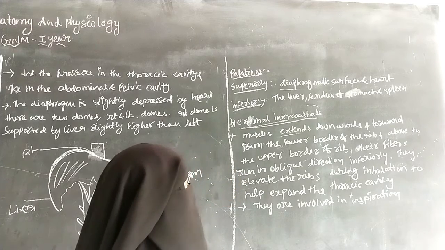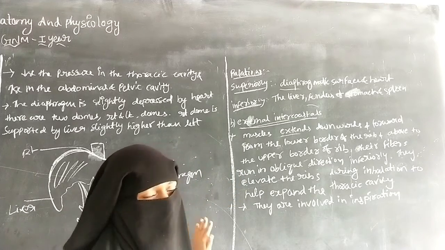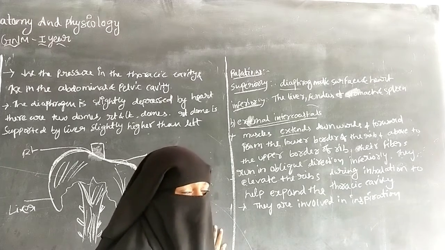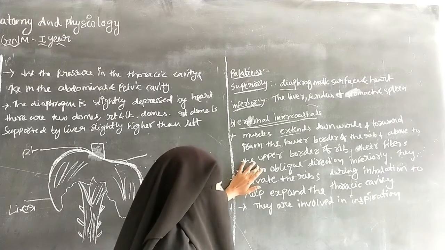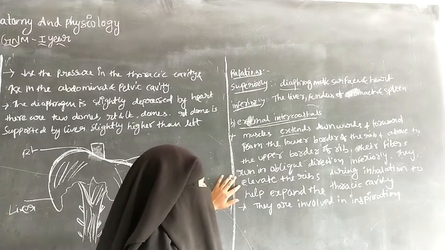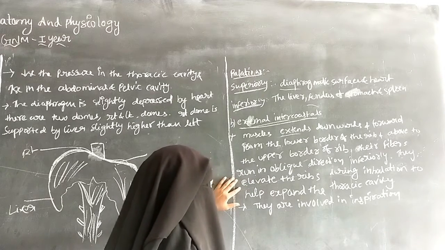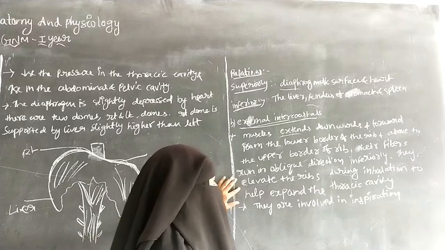The external intercostal muscle fibers run obliquely, and they elevate the ribs during inhalation to help expand the thoracic cavity.